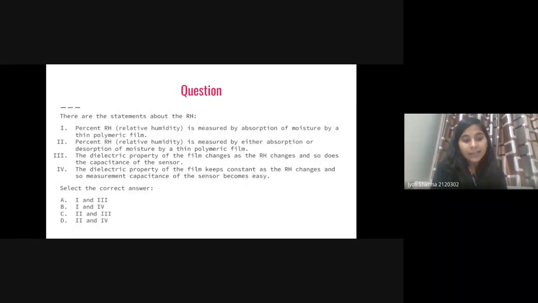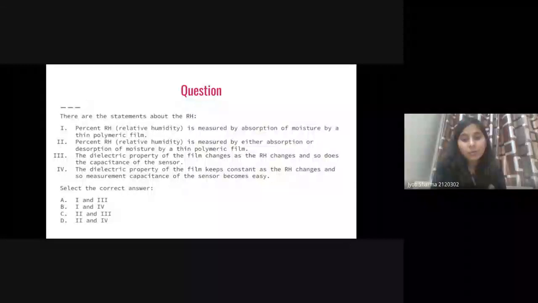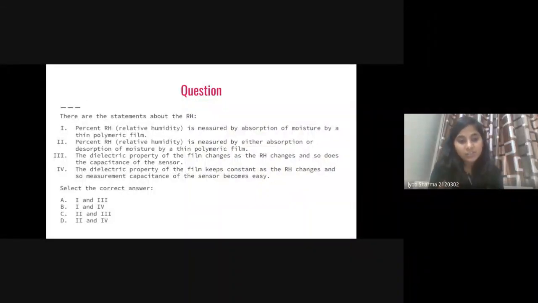The dielectric property of the film stays constant as the RH changes, and so the measurement of capacitance of the sensor becomes easy. So you have to tell me the right answer. This is the basic principle of how we can calculate the relative humidity using our instrument.